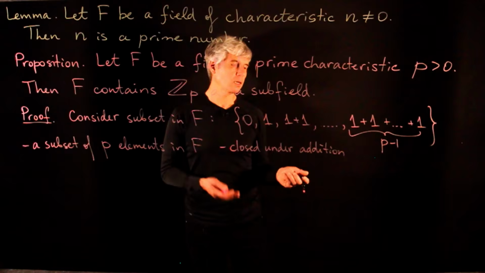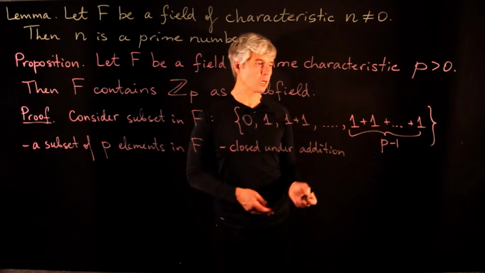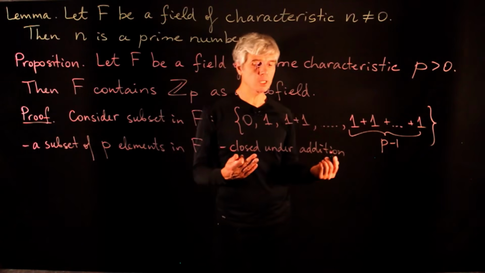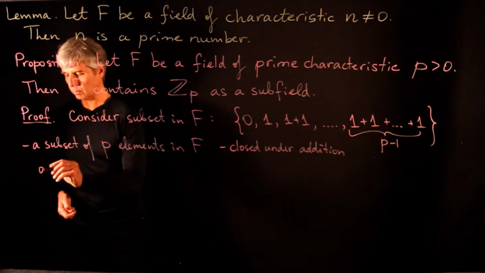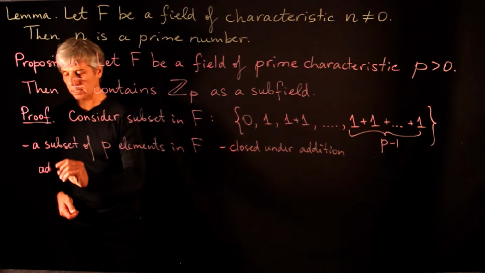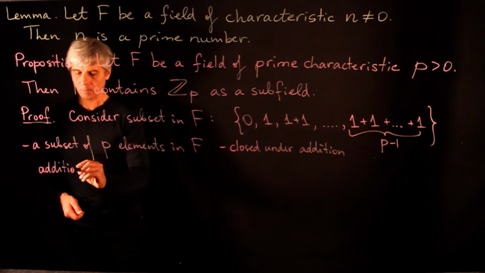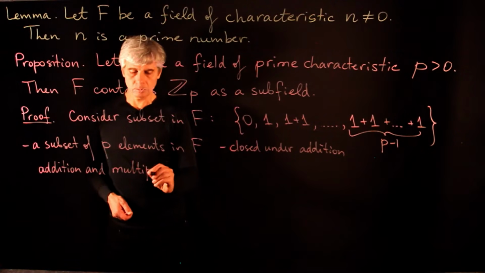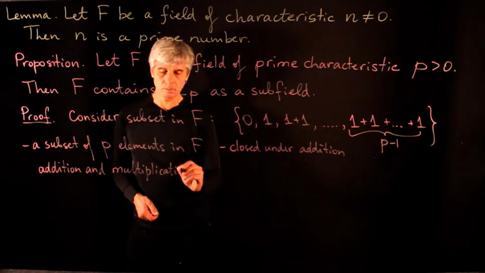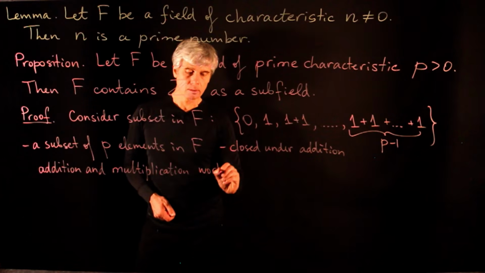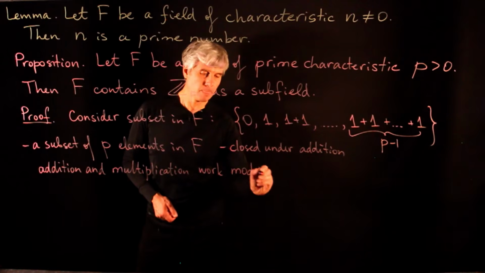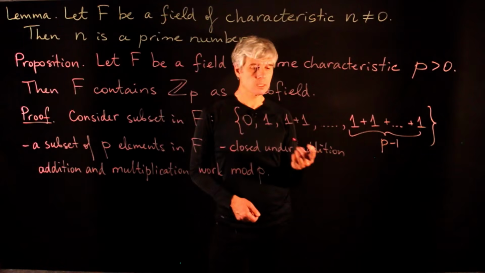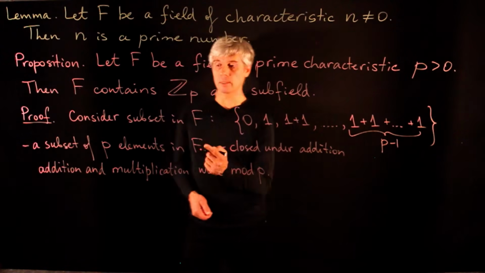So in fact, addition here works as addition mod p. But the same is true for multiplication. So here we get that in this subset, addition and multiplication work mod p. So this means that with respect to addition and multiplication, this subset is essentially Zp.